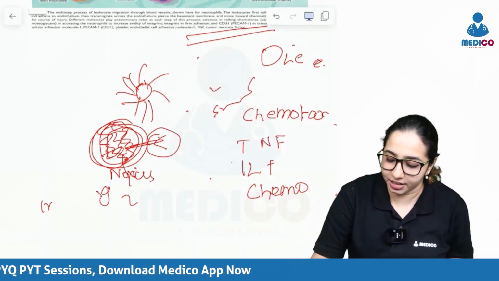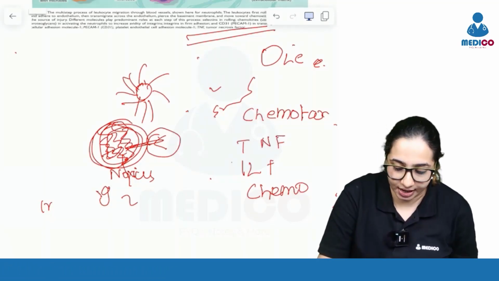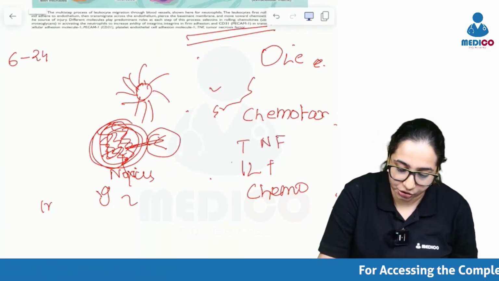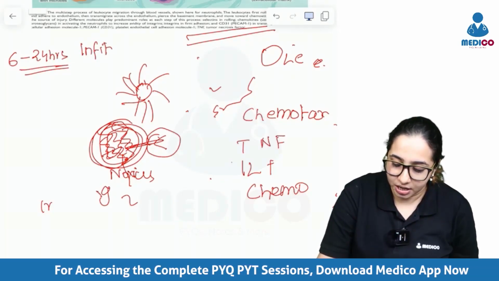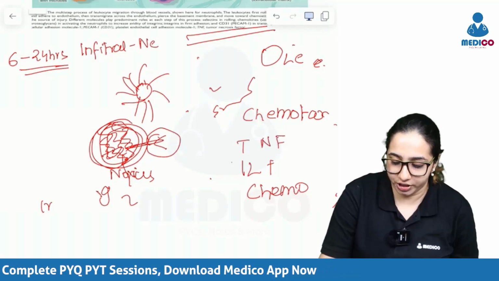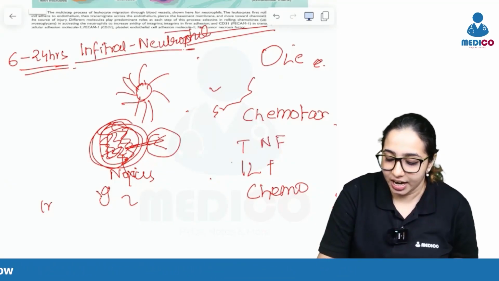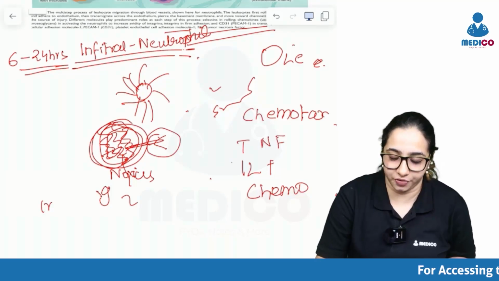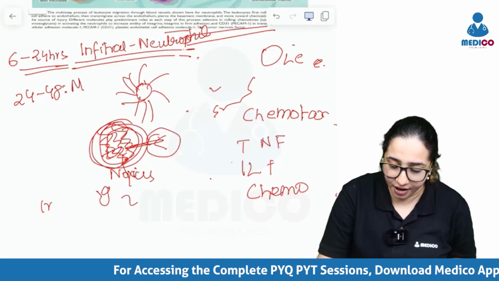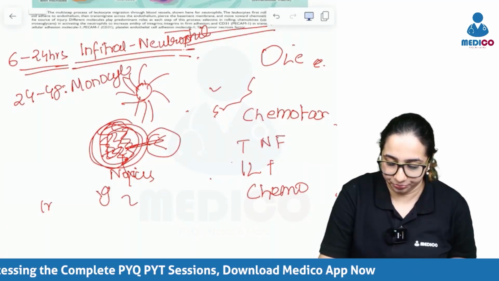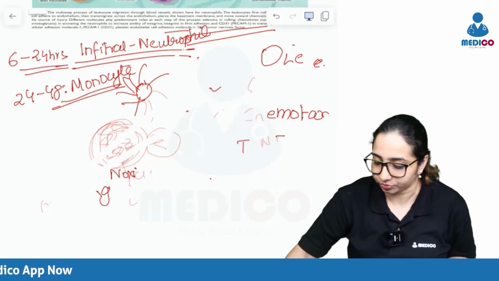So here another point that I want you to remember is in the initial stage, that is in the first 6 to 24 hours, your infiltrate is neutrophil. Neutrophil is your first infiltrate, and that happens in 6 to 24 hours. Now in 24 to 48 hours, you have your monocyte. Now is that clear? I will explain this once more.